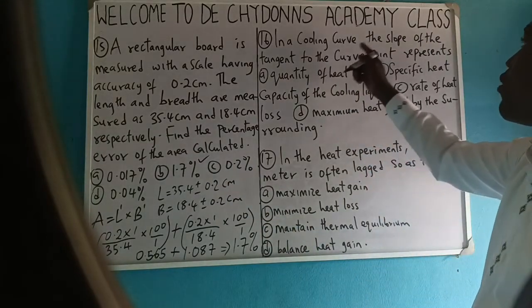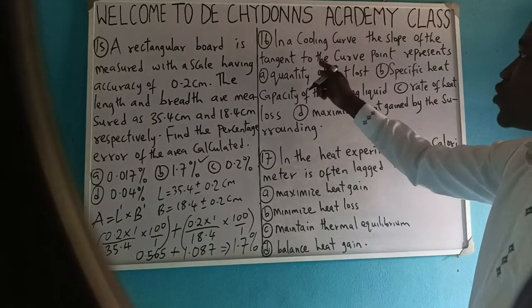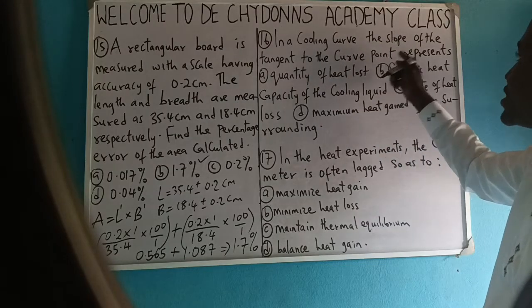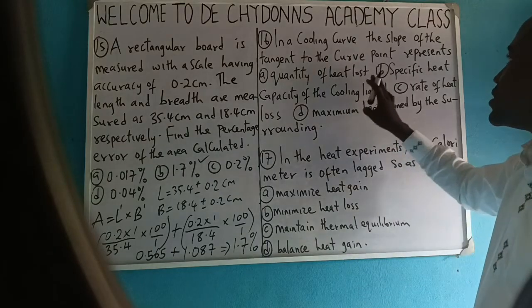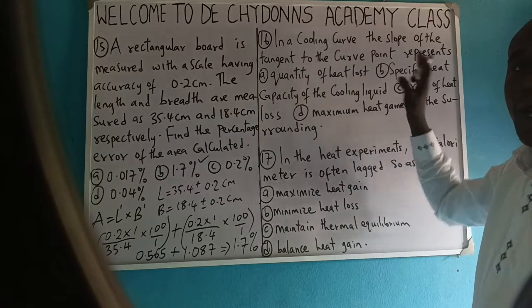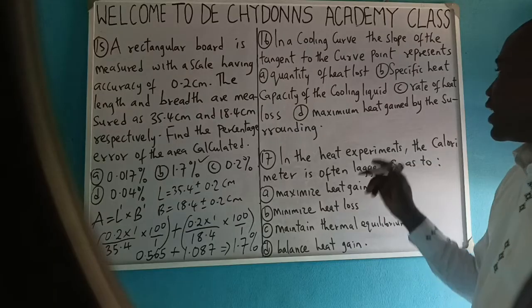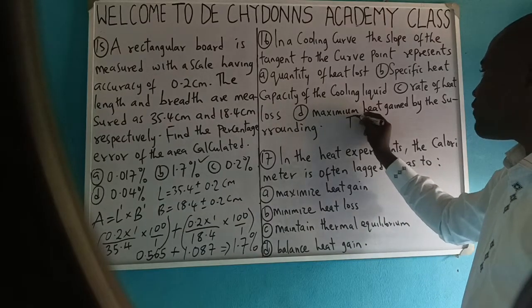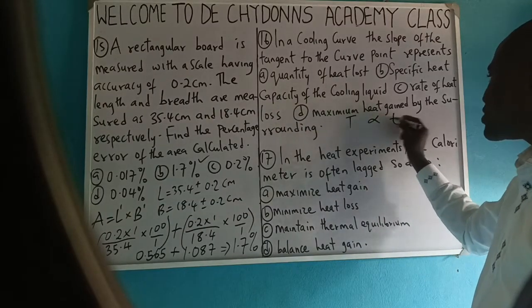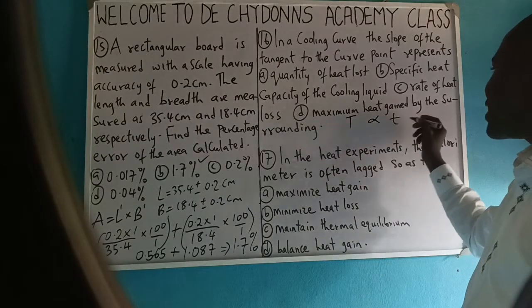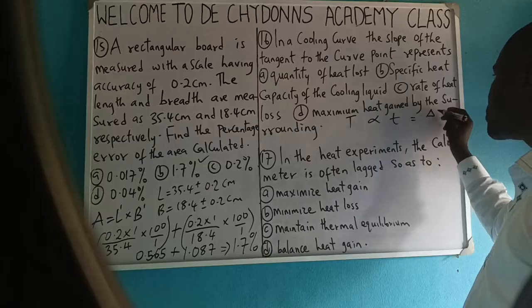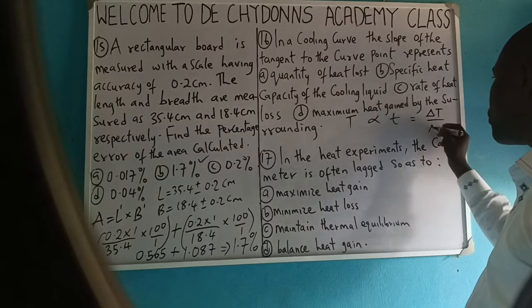In a cooling curve, the slope of the tangent to the curve point represents what? There is an experiment that we call Newton's cooling curve experiment. In that experiment, we plot the graph of temperature against time. So when you plot the graph of temperature against time, you will have the slope to be change in temperature over change in time.